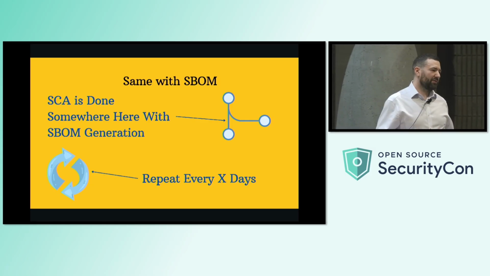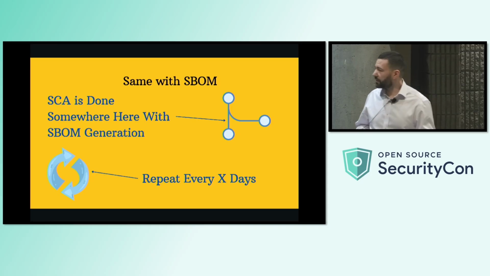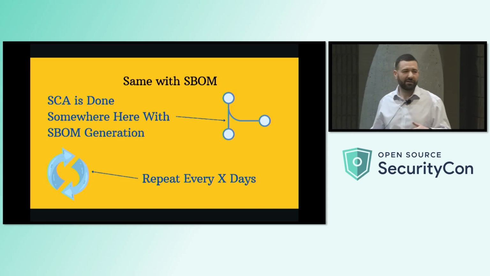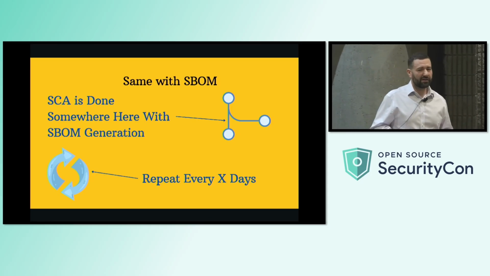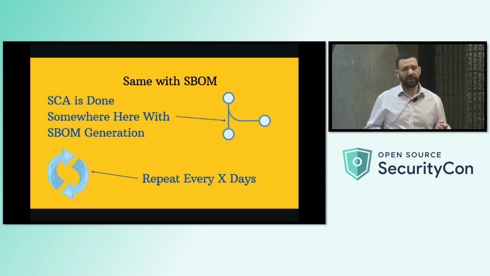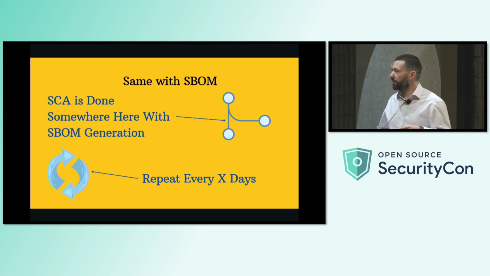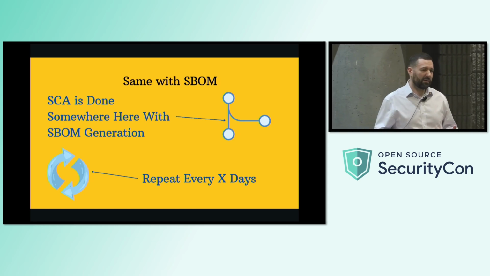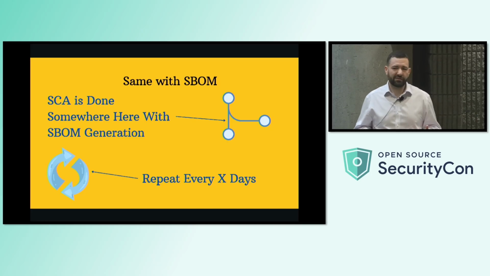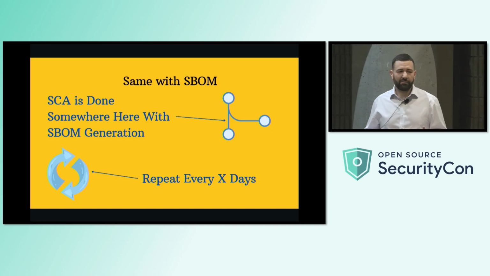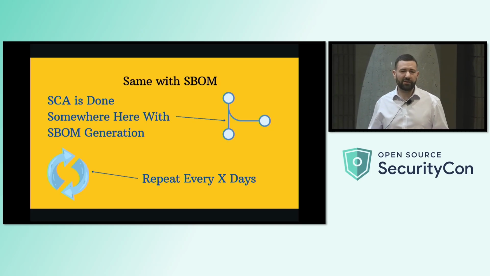We still do this SCA every, let's say, 30 days, every 6 months. But now, on top of the list of vulnerabilities, you also get your SBOM. But the underlying problem of mapping SBOMs to releases stays the same. There is still a disconnect between what you ship and what you analyze.